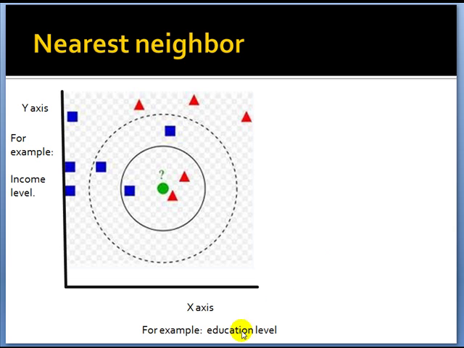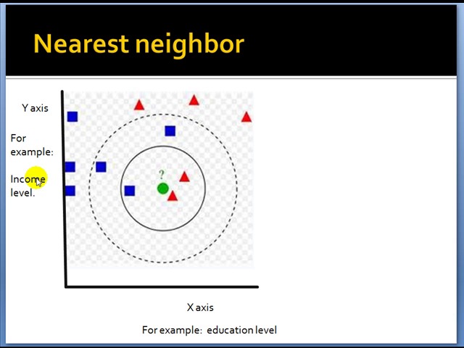Now, the problem here is that education level is like 1 through 20, and income is like 0 through 50 million or something like that. So we might have to weight education level higher, because just as a number, it's going to be tiny compared to income level.